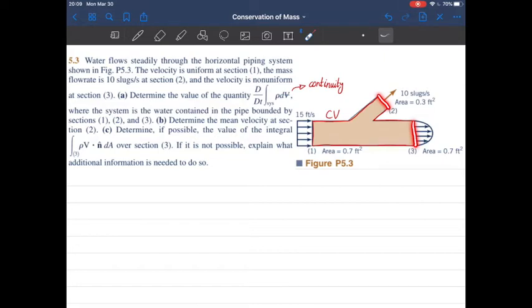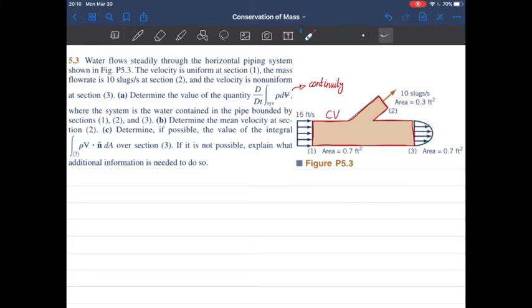It means that it doesn't change with time. So we can conclude that for the selected control volume, this integration is equal to 0 because the mass is constant. Anything that goes into the control volume at section 1 leaves at section 2 or 3.